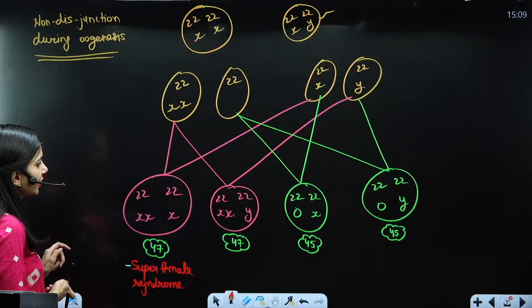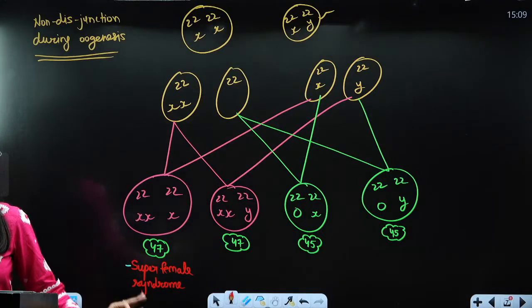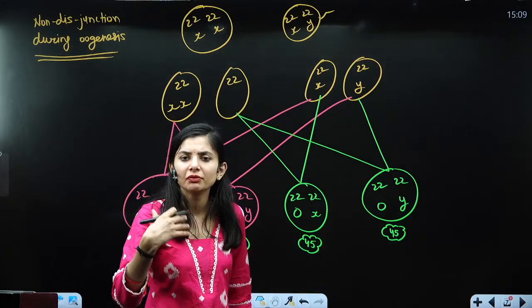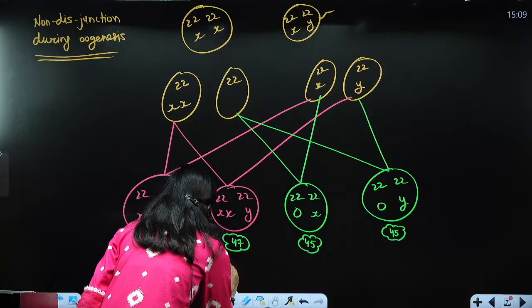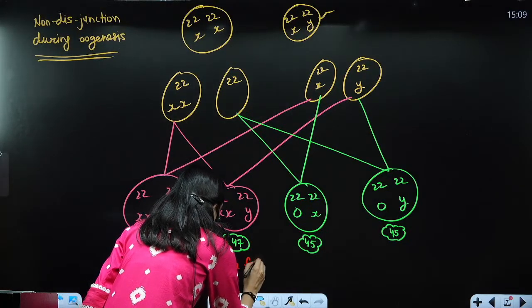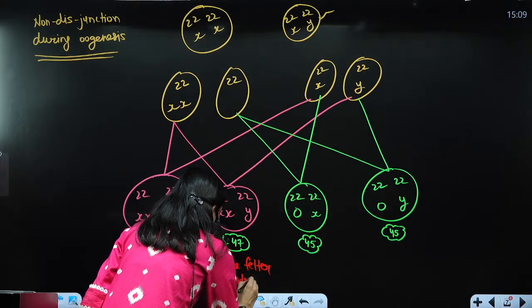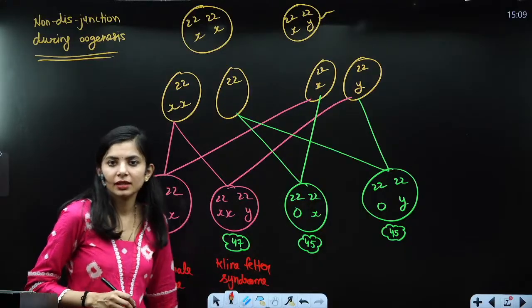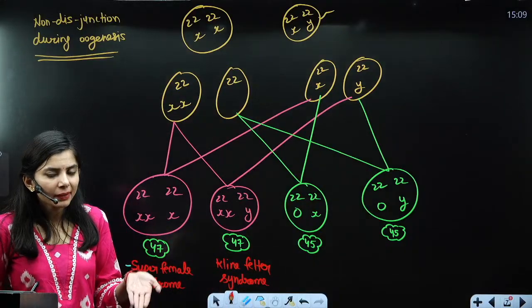So again here, this is called what? Klinefelter syndrome. Just write down the name. I will give some detail about it, but for now, just write down the name. Klinefelter syndrome. Fine. Now this one, X. For a normal female, I require XX. For a normal male, XY.